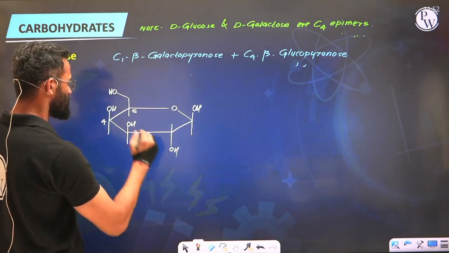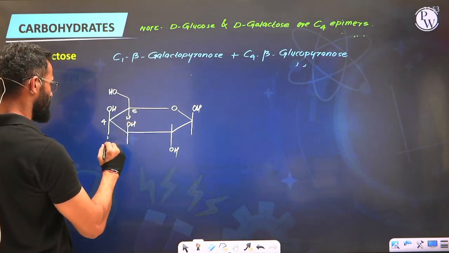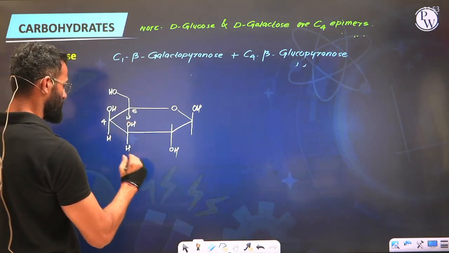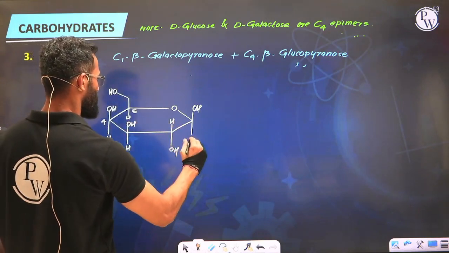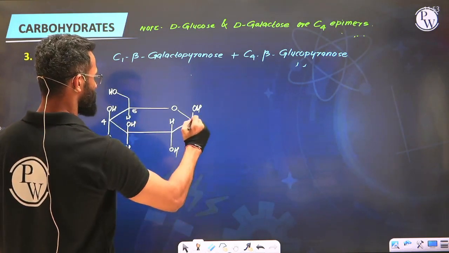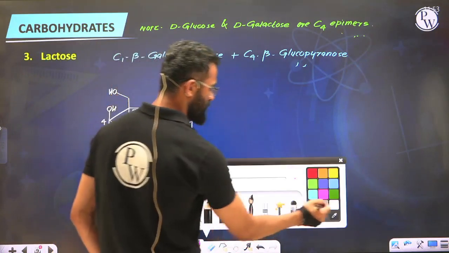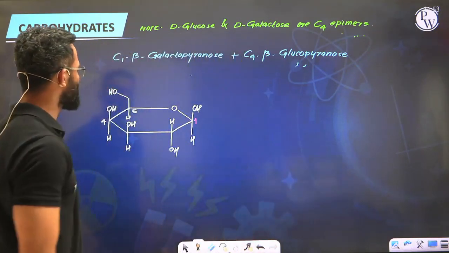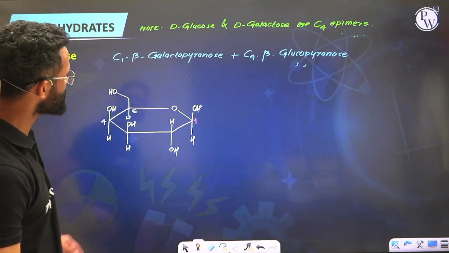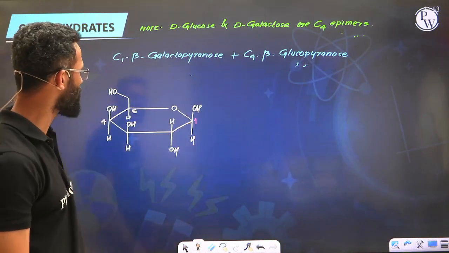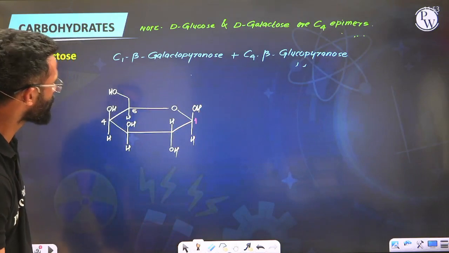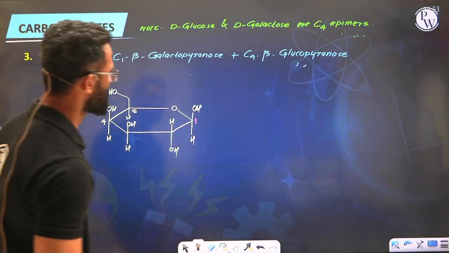That is galactose. Okay, that's your carbon number 1. Now this is going to undergo condensation with the beta form of glucopyranose. Beta form of glucopyranose. Okay.